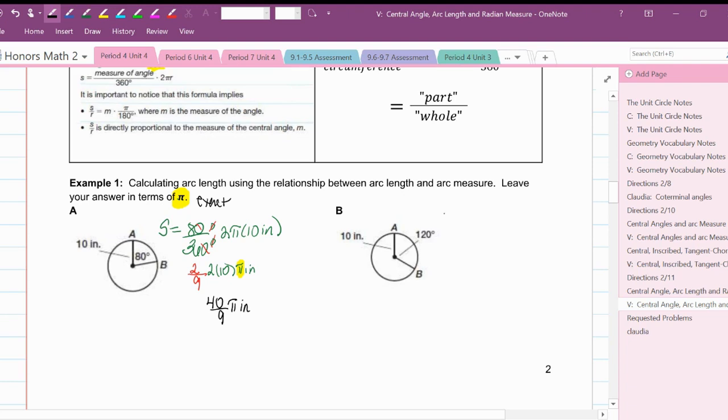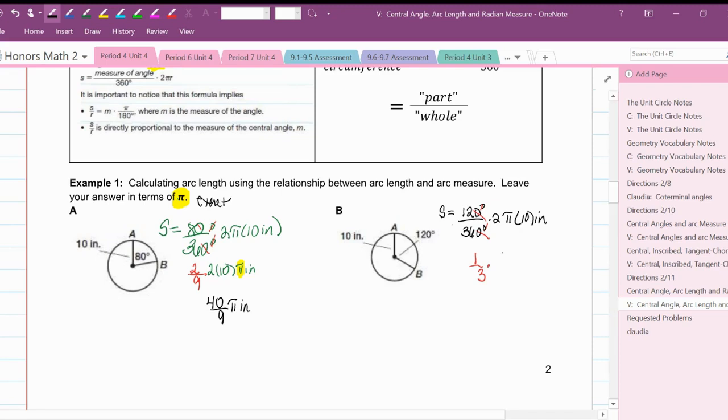And this next one, same radius but larger central angle. So I think this arc length should be longer. We have 120 out of 360 times 2 times pi times the radius. The degrees divide out, the factor of 10 divides out, and 1/36 would be 1/3.